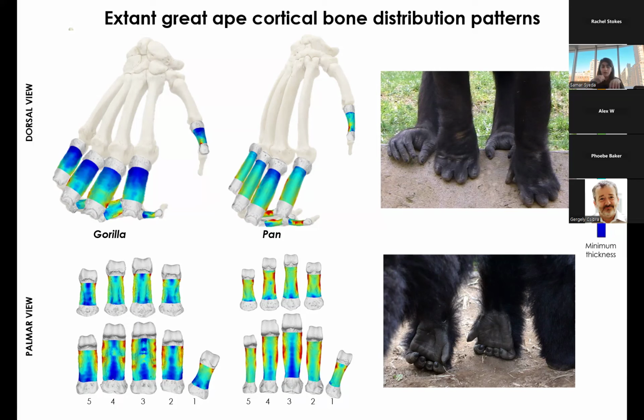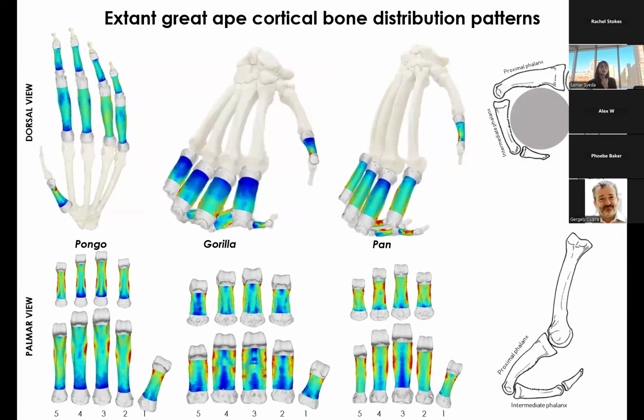Gorillas and chimpanzees also have different levels of arboreal behavior, which is why gorillas have a more patchy cortical thickness, while chimpanzees are quite consistent throughout the entire ridge in the front.